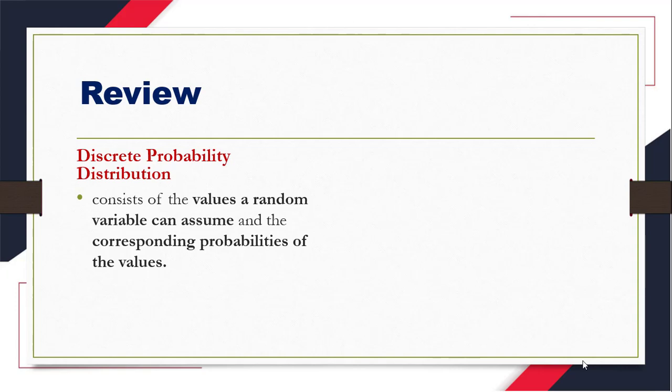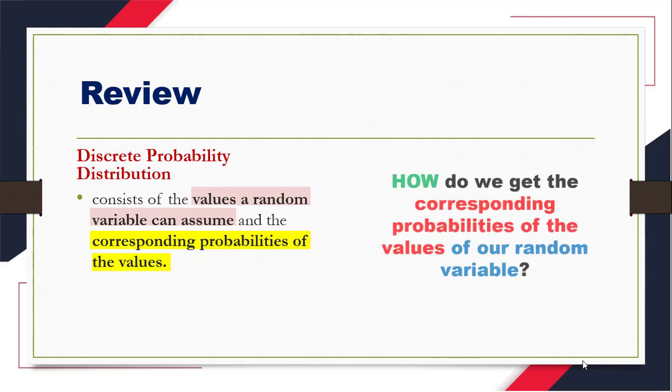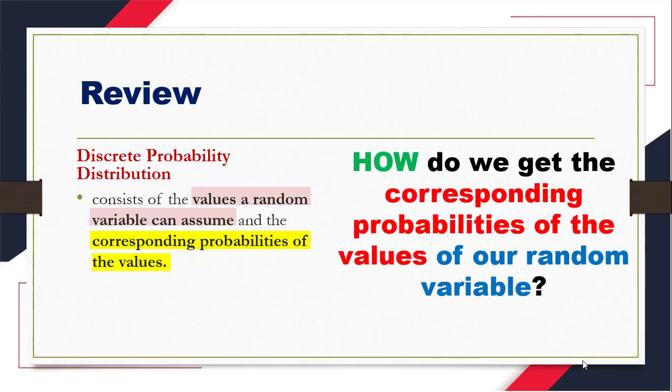Remember, in our previous video, we learned how to identify the values of a random variable. Now, let us get the corresponding probabilities of the values of a random variable. The question is, how do we get the corresponding probabilities of the values of a random variable?